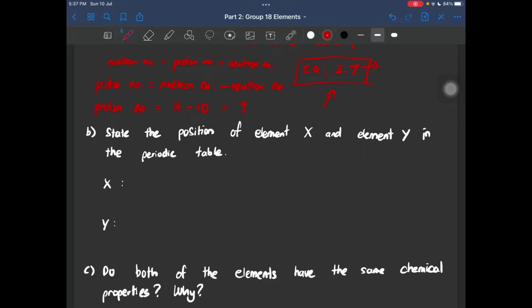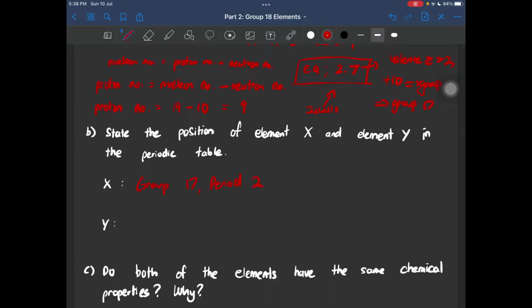But from the previous video's lesson, we know that if the valence electron is more than 2, we have to add 10 to find the group, right? So it is group 17, and 2 shells occupied by electrons, meaning it is period 2. So element X is in group 17, period 2.